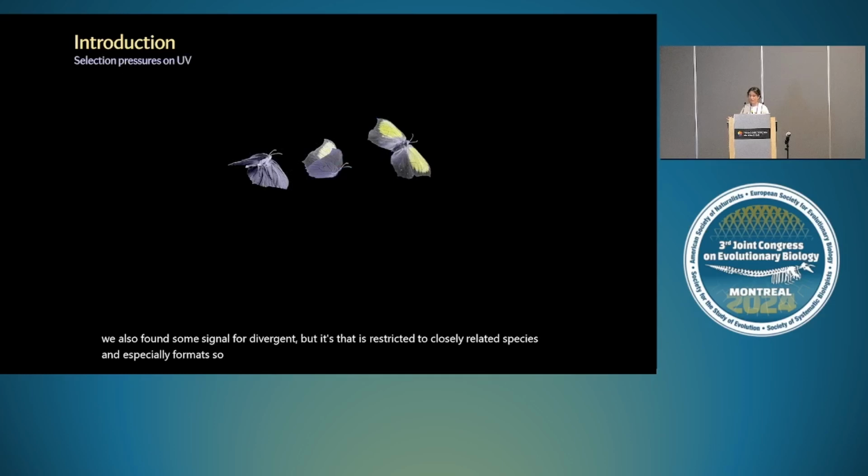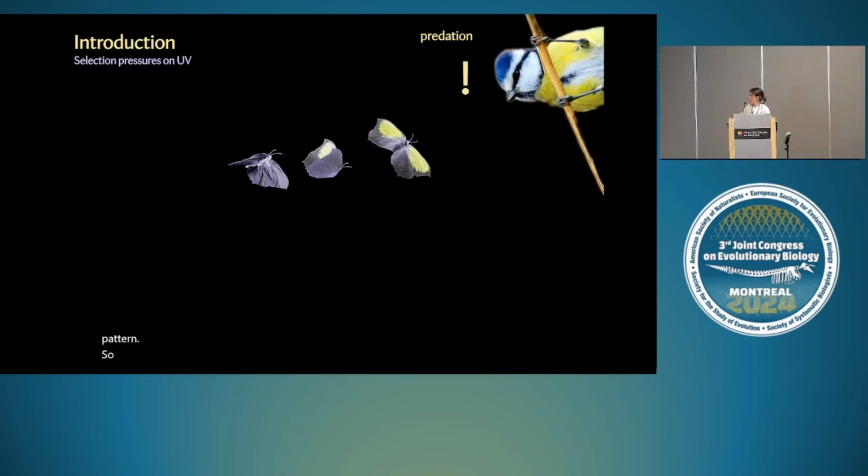Now, what about the UV part of the color pattern that we did not take into account? There are several selection pressures on the evolution of UV color pattern. First, predation. It has been shown that having a more UV reflective color pattern is linked with increased predation pressure.